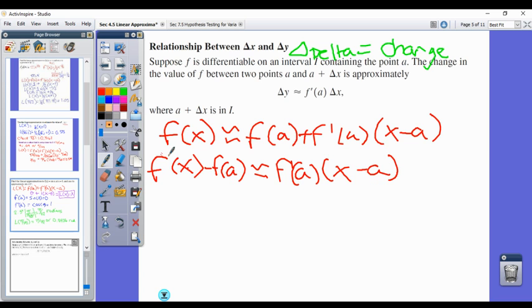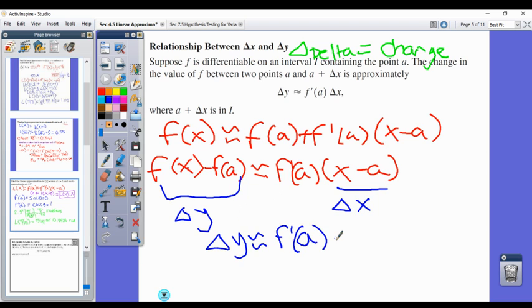And so essentially, this right here refers to my change in y. This right here is referring to my change in x. So we can say that the change in y is approximately equal to the derivative of f with a plugged in, multiplied by your change in x.